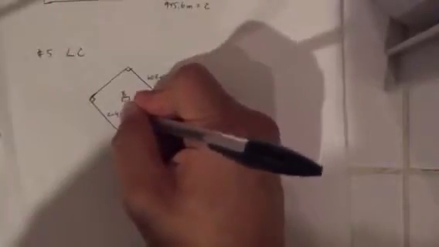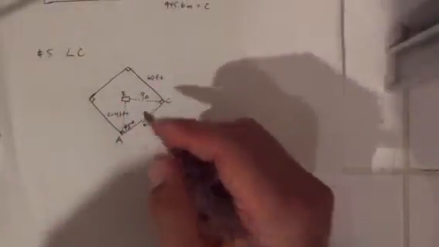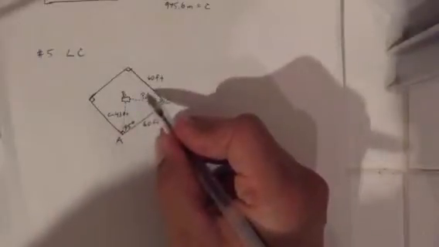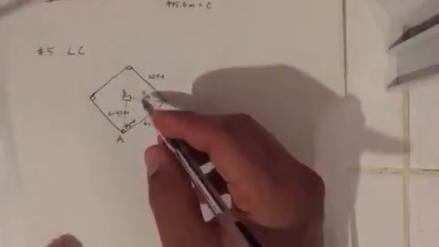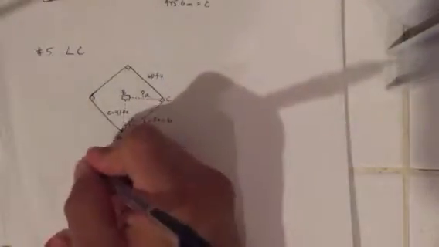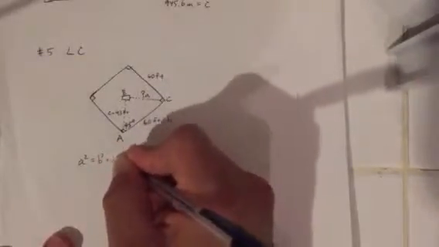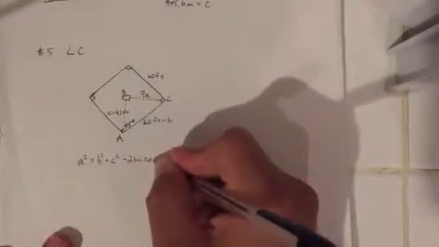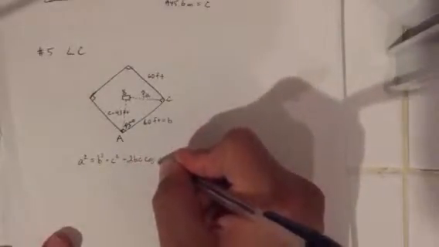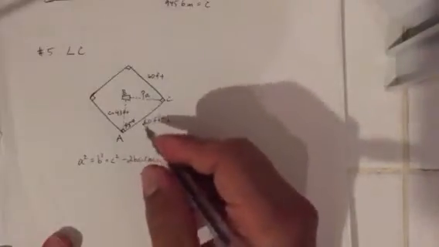Okay. So now, since A is what I'm trying to figure out, I'm going to use the law of cosines, which helps me find A. So that's going to be this one: A squared equals B squared plus C squared minus 2BC cosine of A. And I'm just going to plug in the information I have.